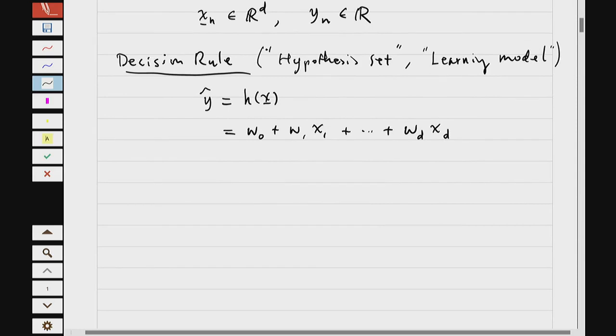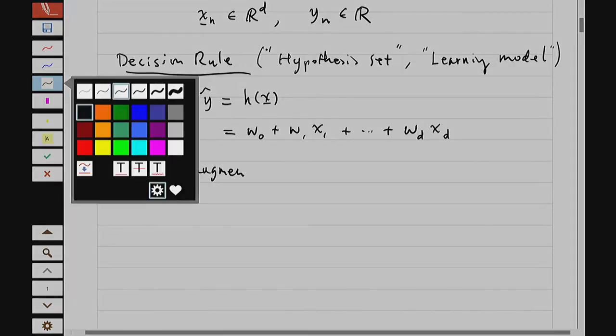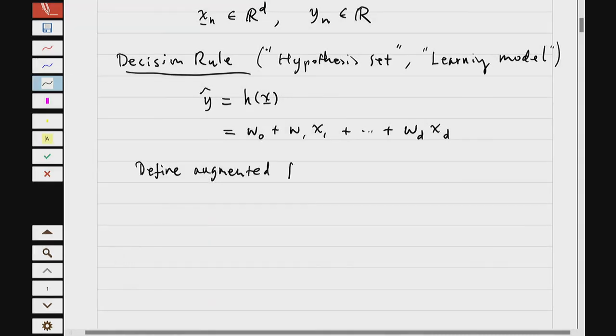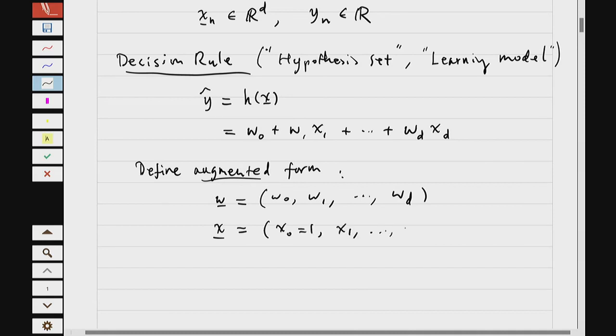Just as in classification, we also define an augmented form because that turns out to be a bit more convenient to use. We change the w vector to w0, w1, and so on to wd, and we have a new x vector that includes x0, which is always equal to 1, then x1, and so on to xd.